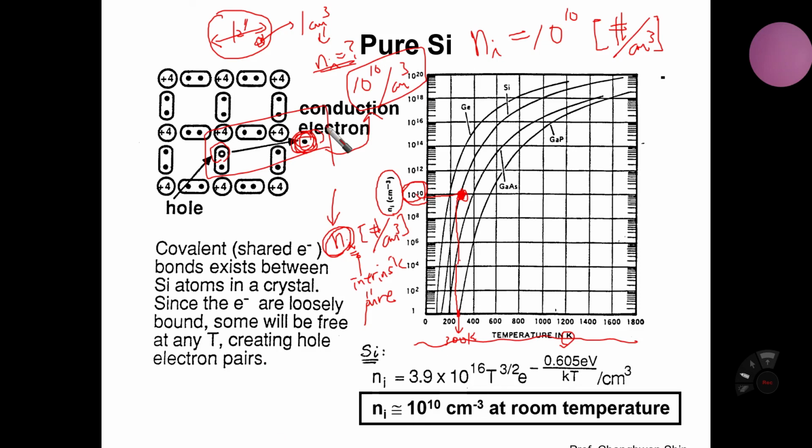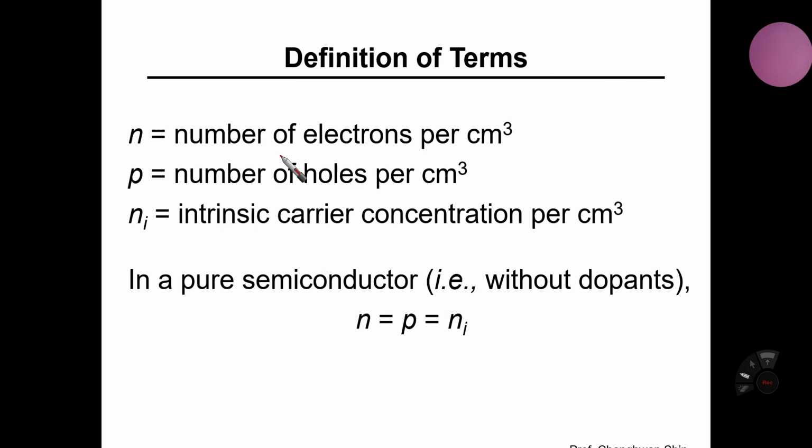And here again, n indicates electron concentration. n indicates the number of electrons per cubic centimeter, and n sub i indicates the intrinsic carrier concentration. In other words, the number of electrons in intrinsic or pure silicon material.